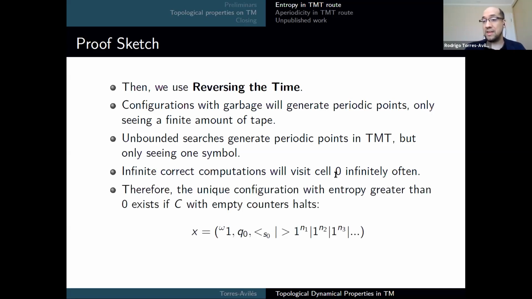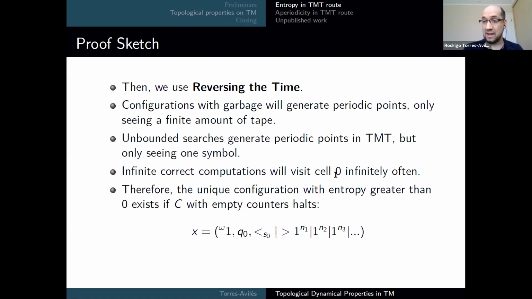And therefore, the only possible configuration that can have positive entropy is if we start with counters at 0, and we have a machine C that halts with counters at 0.